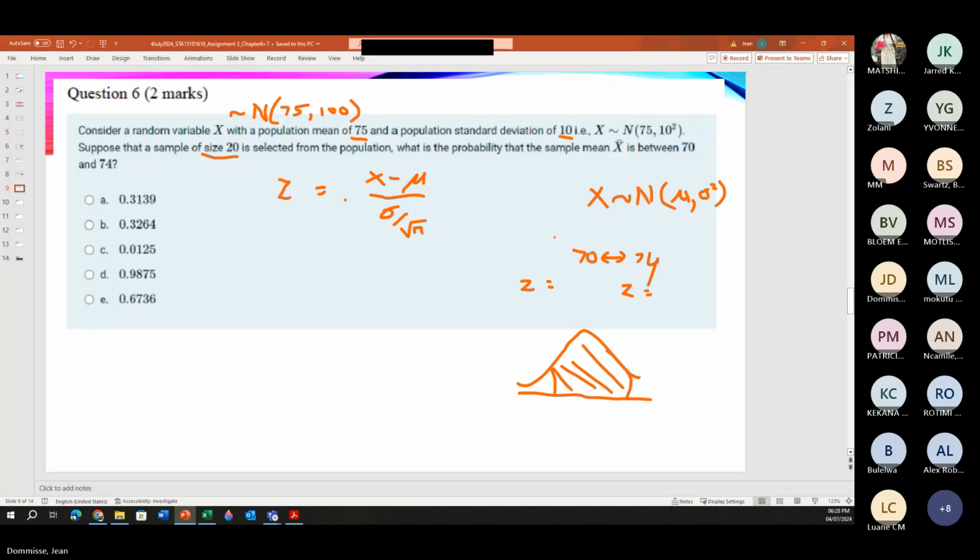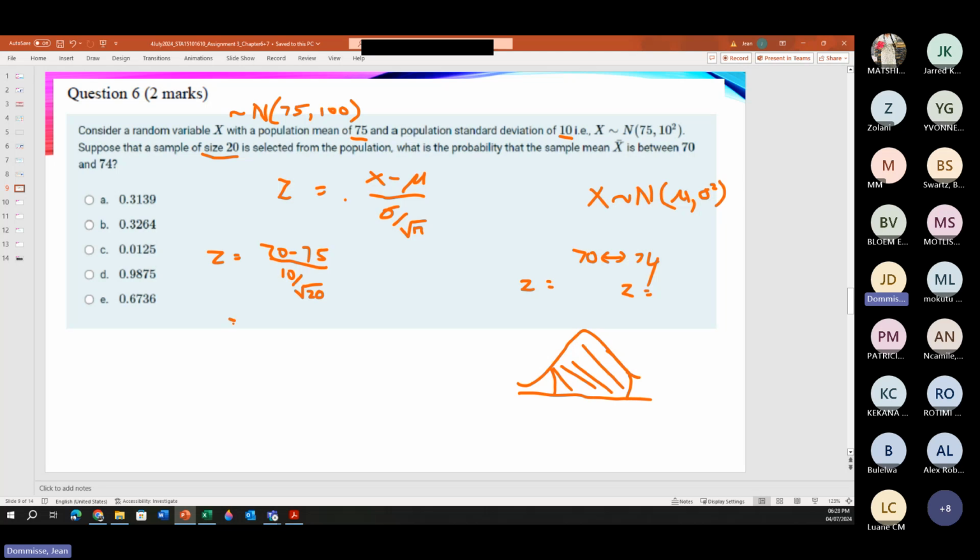So the first one, let's take Z where X is 70 minus the mean of 75, divided by standard deviation of 10 divided by the square root of 20.